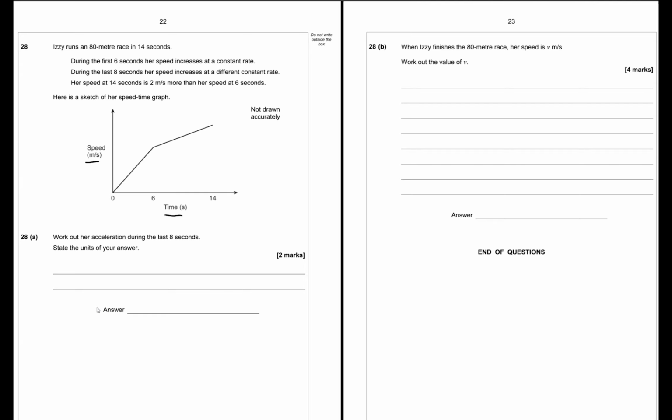So we know acceleration, which is going to be a, is equal to the change in velocity over the time. So let's put change in v over t equals a.